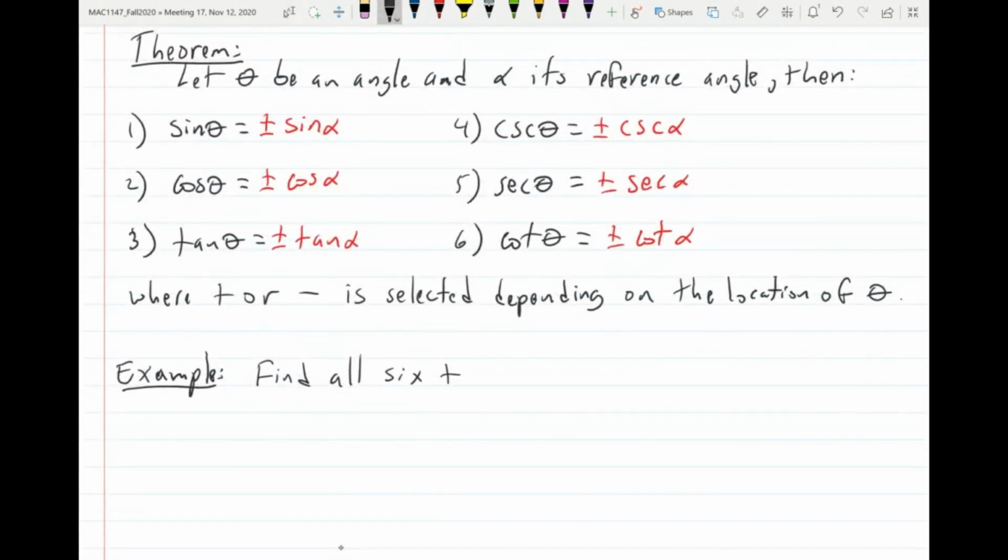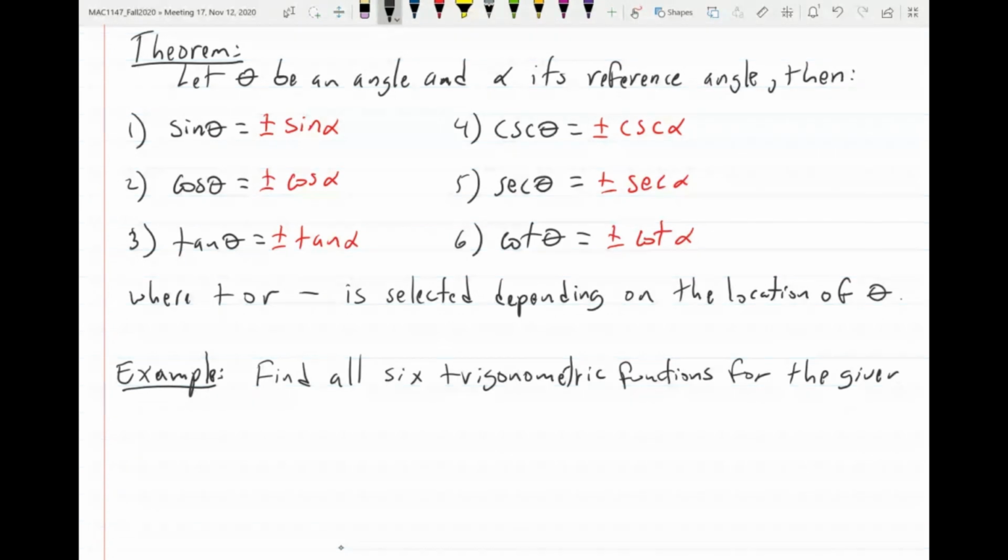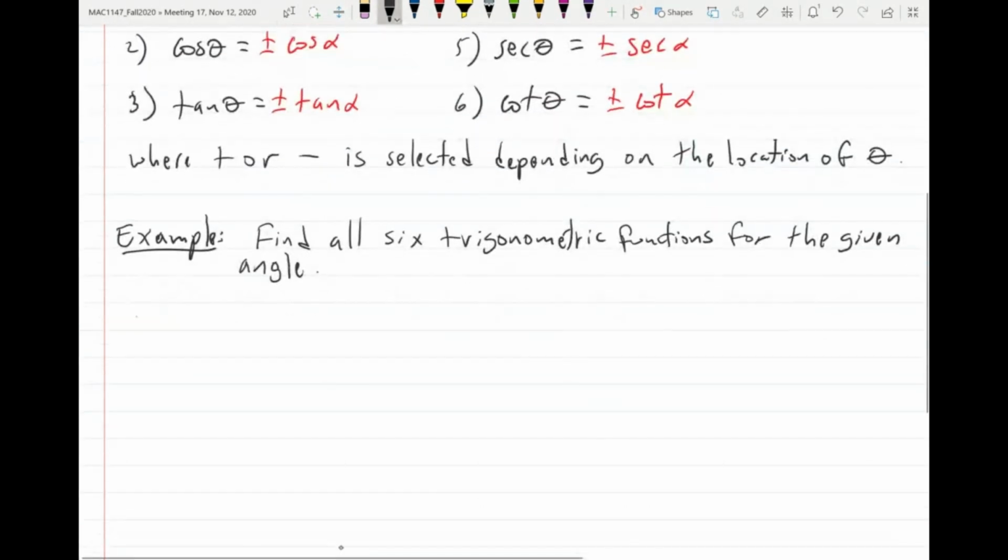So find all 6 trigonometric functions for the given angle. And let's see. First, let's do theta equals -5 pi over 6. Okay, so we have this angle, -5 pi over 6, and our job is to find all the trigonometric functions.